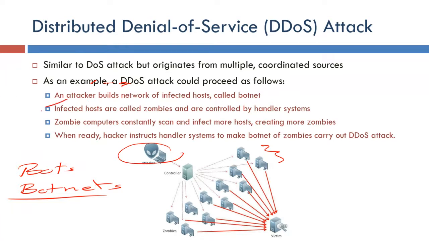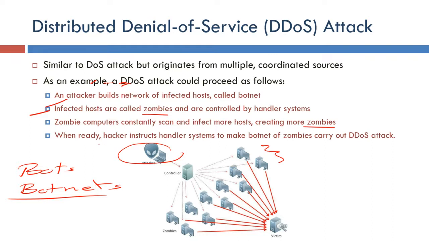After you create a botnet, the infected hosts, sometimes called zombies, are controlled by a handler system. The zombie computers constantly scan and infect more hosts, creating more zombies. So they are expanding the botnet, the number of computers in the network. And whenever the hacker wants to carry out the distributed denial of service attack, all of them attack at once.